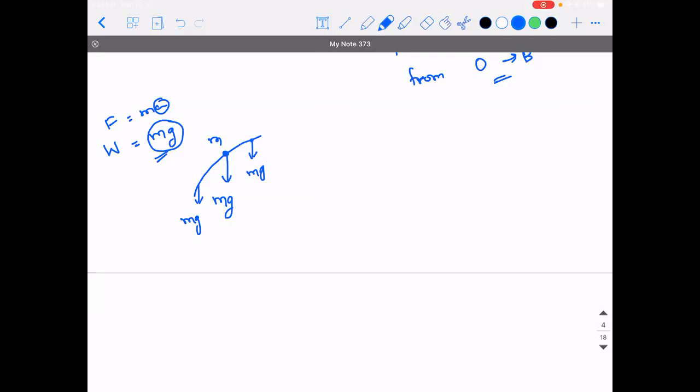Right. Now I have an important question. What is the horizontal force acting on this object?